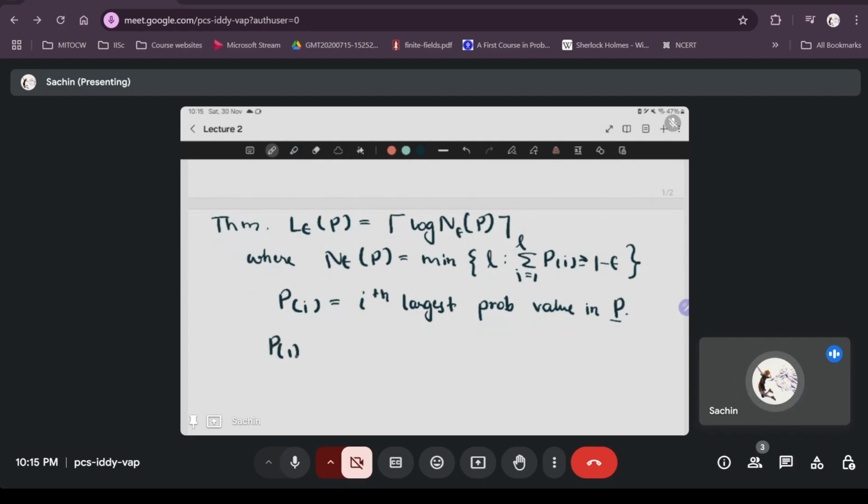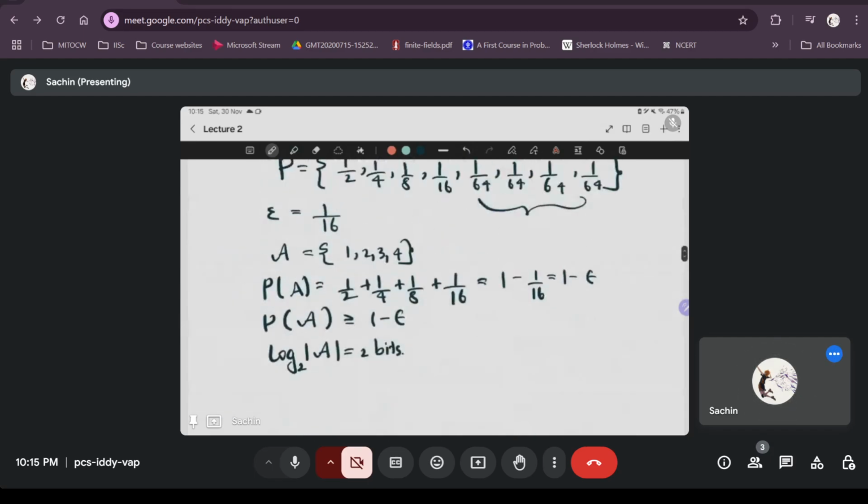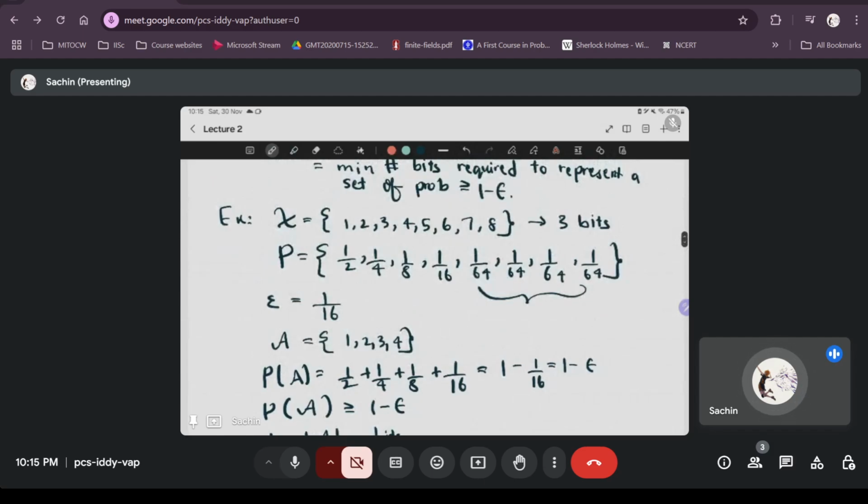So P of 1 is greater than or equal to P of 2, and so on, up to P of k, where k is the cardinality of script X. For example, in the previous example, we have already done that. So this has a probability 1/2, then the next largest is 1/4, next is 1/8, then 1/16th, then 1/64th. So you arrange those outcomes in decreasing order of probability.